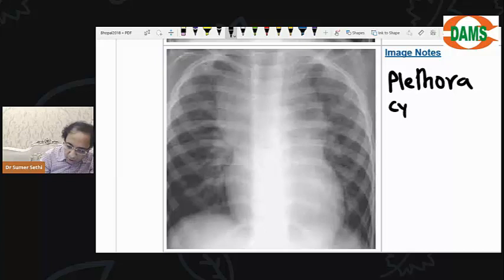This patient also has cyanosis. Clinically, they are saying cyanosis. But the shape of the heart is like this.